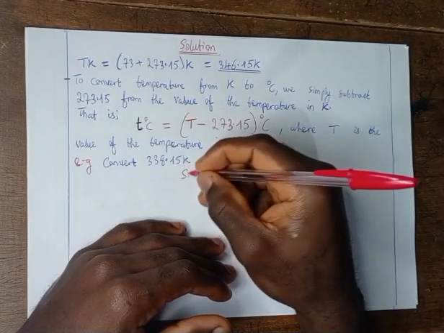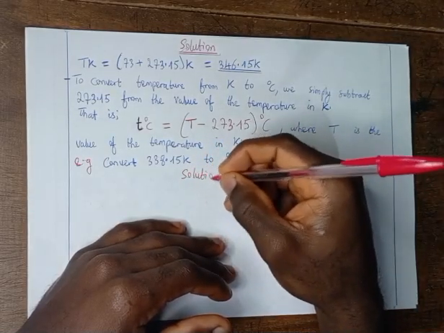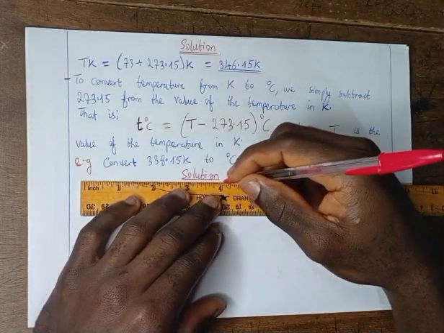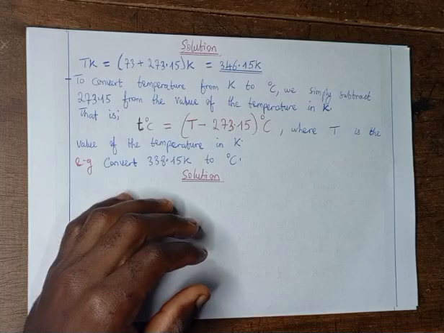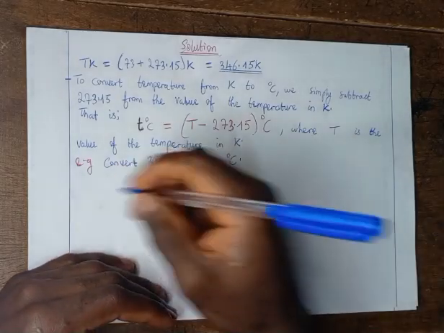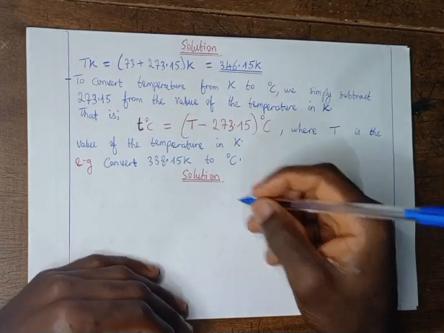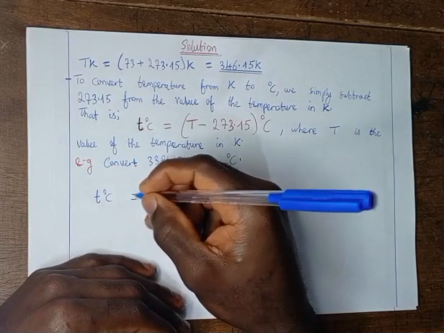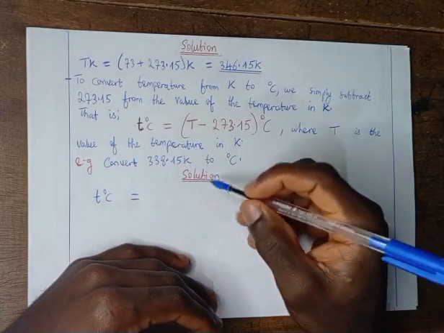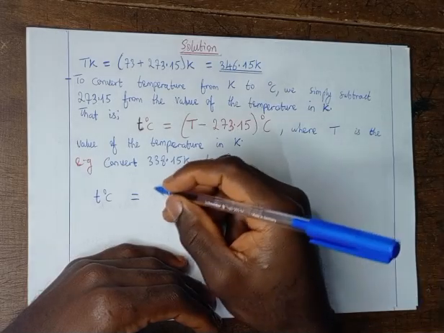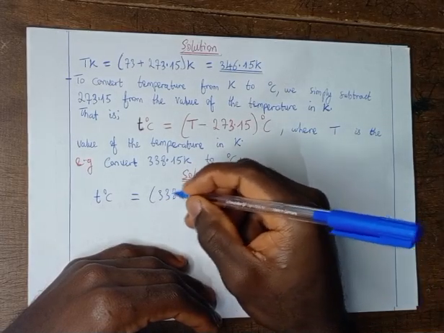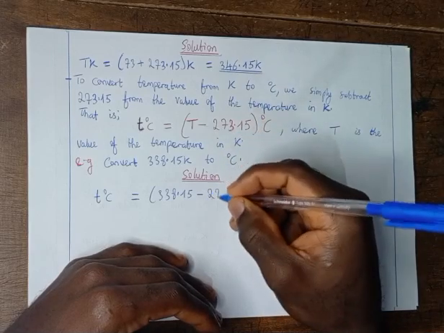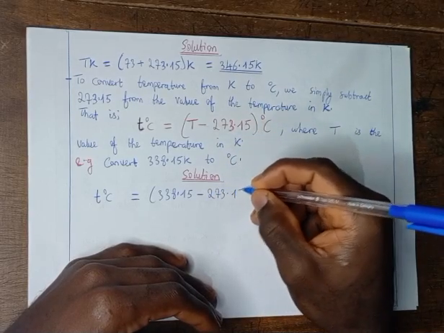Take solution. Our temperature in degrees Celsius will simply be equal to the value of the temperature in Kelvin, which is 338.15, minus 273.15.